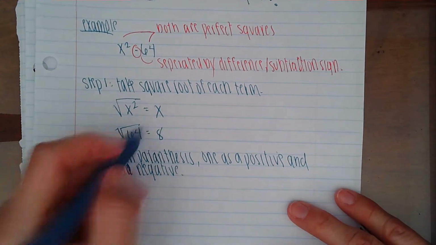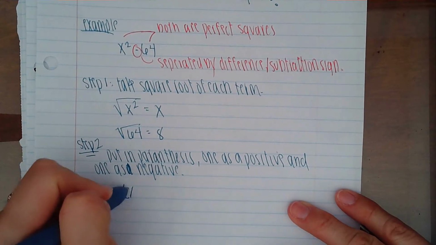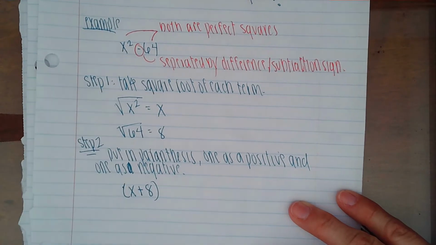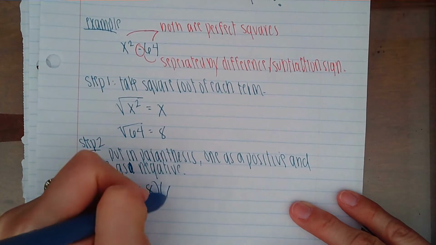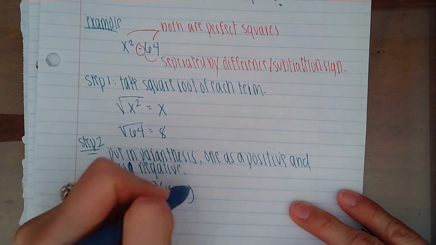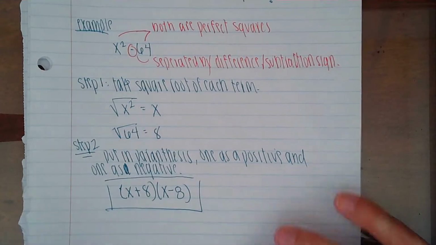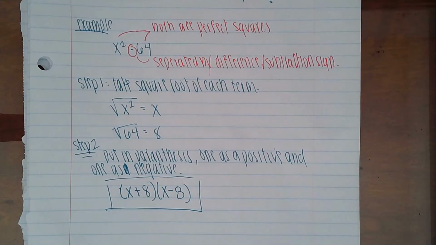Okay, so I'm going to do x plus 8, this will be my positive version, and x minus 8, that will be my other version. And then congratulations, you have factored the difference of two squares.